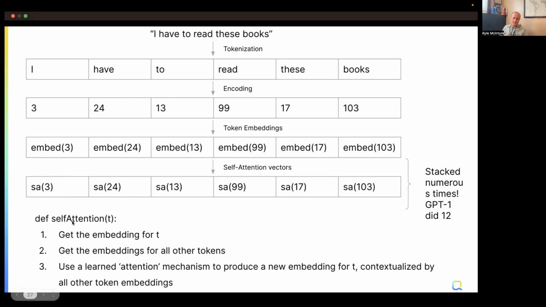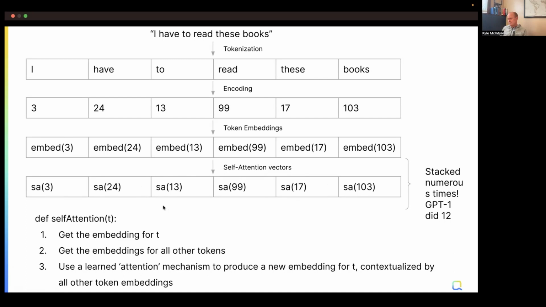Imagine that self-attention basically says: if you want to get the self-attention understanding of token T, get T's embedding and the embeddings for all the other tokens in the sequence, and then use this attention mechanism that the model learns during training to help you pay attention to which other tokens in the sequence most contextualize T. Then output a new vector representation of the meaning of T that is not just a function of itself, but of all the other tokens around it, which is probably much closer to how humans do it. And so you'd have this layer of self-attention.